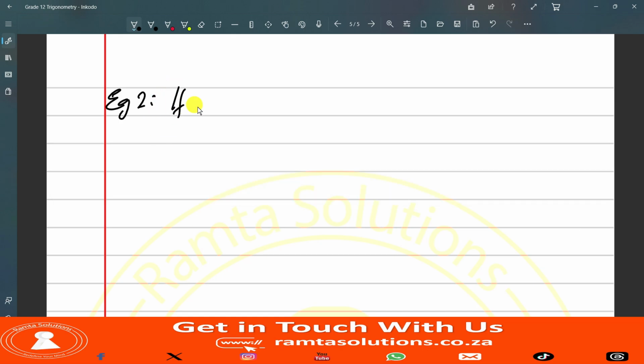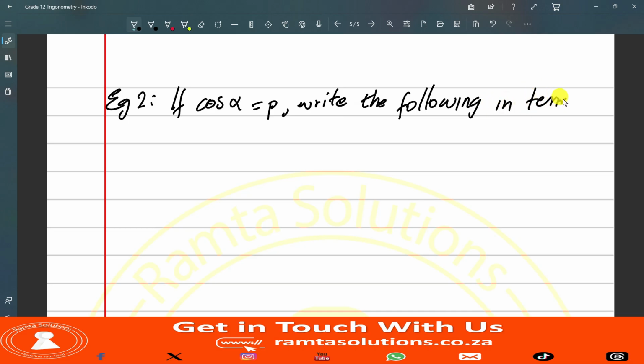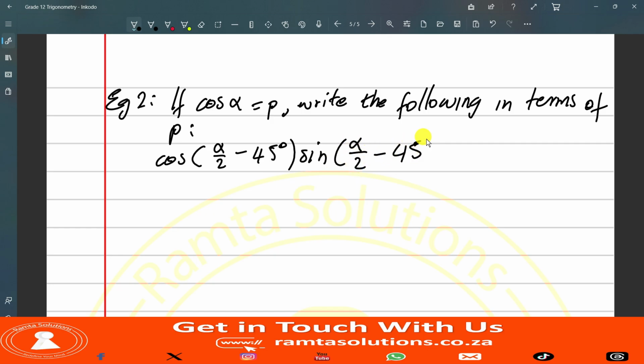If cos alpha equals P, write the following in terms of P. Cos(alpha over 2 minus 45 degrees) multiplied by sine(alpha over 2 minus 45 degrees), all over 2.